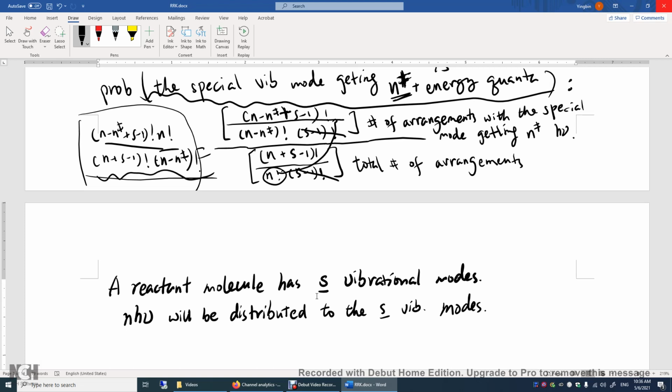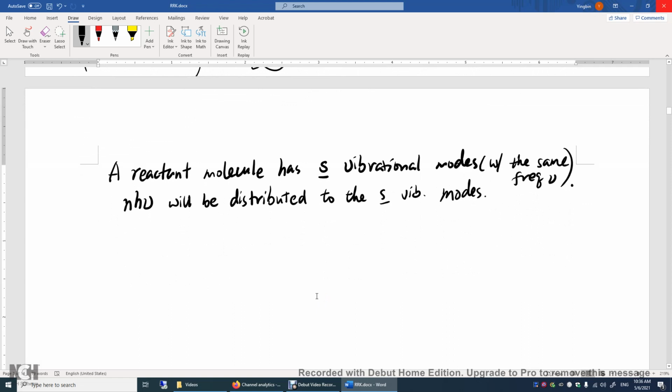So we're going to use this assumption here: all these vibration modes have the same frequency ν. This will make the derivation a lot simpler. So our second variable is N. We're going to have N energy quanta to be distributed to these S vibration modes.